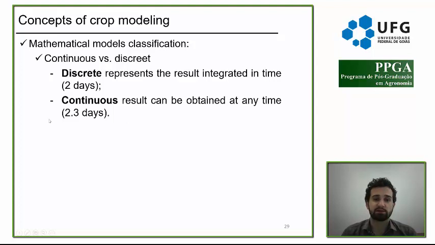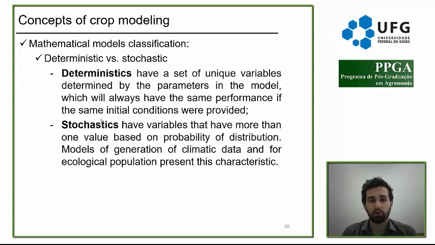In some cases, we have these continuous results. For example, in DSSAT, the outputs are at the daily step, but internally we have some simulation that is made by hour to make a better representation of the system.